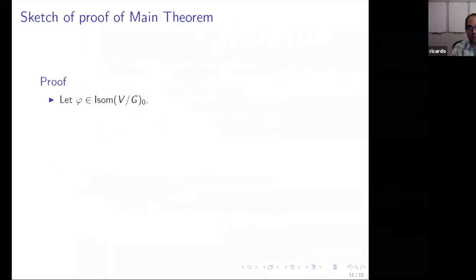So let's start the sketch of the proof. Start with an isometry of the quotient that belongs to the connected component of the identity. You can connect it to the identity, so it's the endpoint of a smooth isotopy.